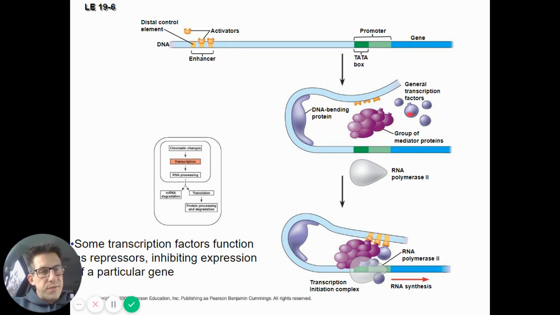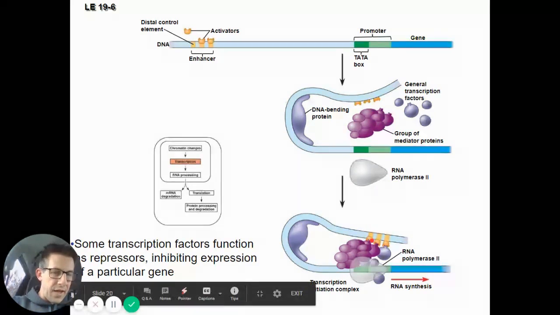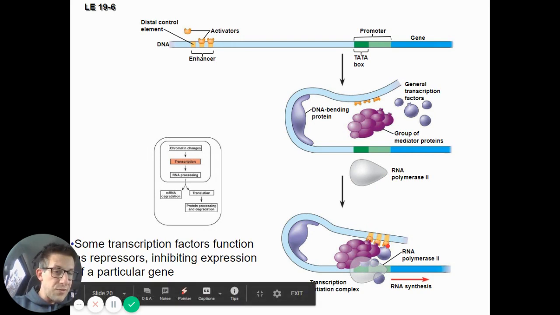So these transcription factors come in here and they bind to this area, the promoter. And once they do that, you notice that these activators have a very specific shape and they bind up to these little transcription factors. And we see that occur down here in this bottom picture. The little activators connected to the enhancers will then connect to the transcription factors.